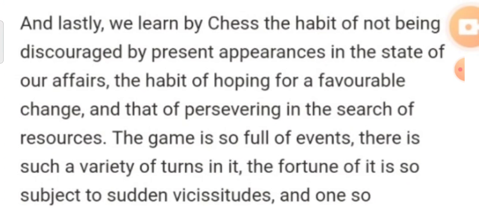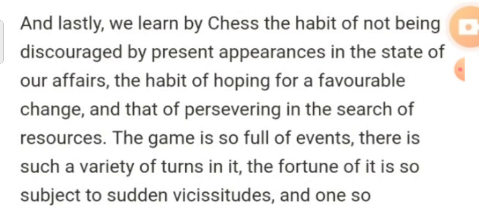And that of persevering in the search of resources. Persevering in the search of resources which will be useful for me in my life. The game is so full of events. There is such a variety of turns in it. The turns of human life are also faced here. We all can accumulate ourselves and think of what will be our moves in our life.